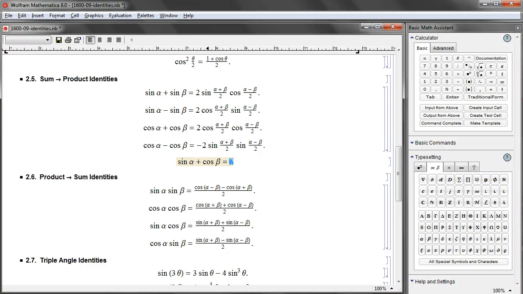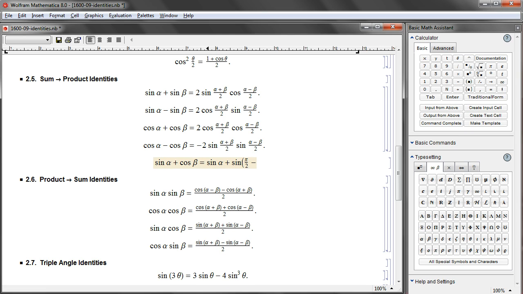You'll have to change these into the same function. So you can change it into either sine plus sine or cosine plus cosine. Sine of alpha plus sine of pi over 2 minus beta.